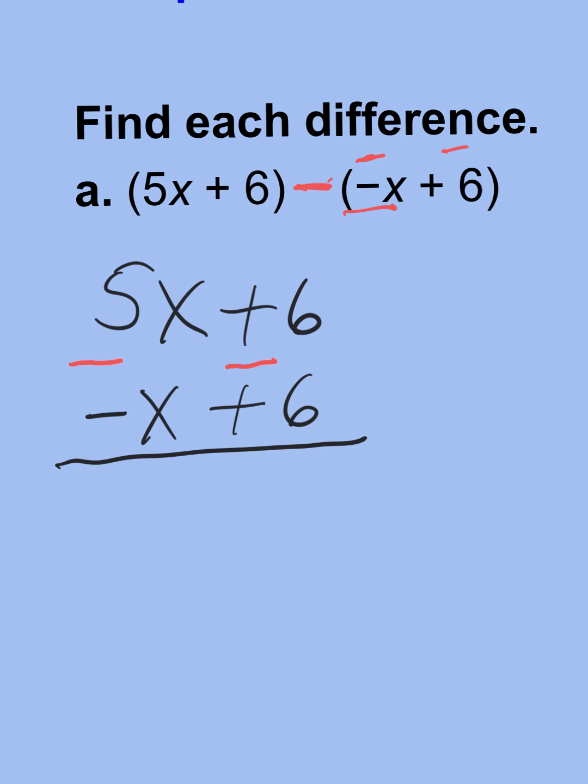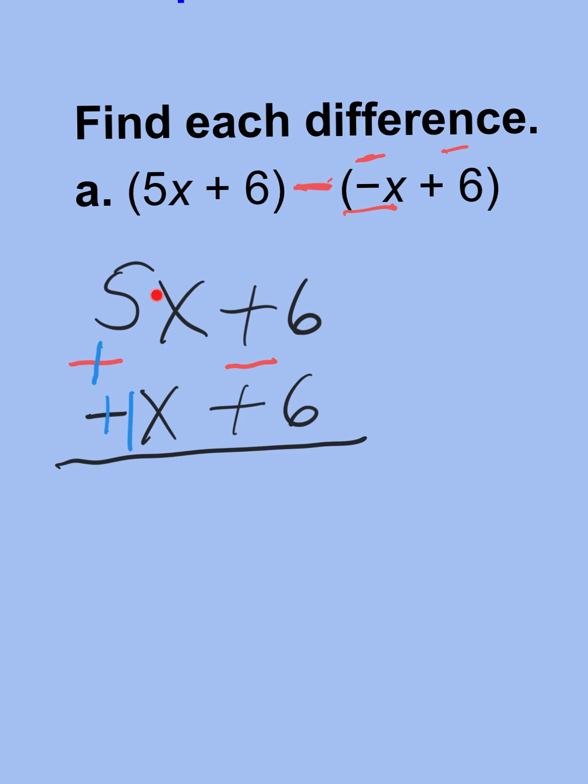All right, here we go. We're doing 5x, and we're minusing a negative 1x. So remember, when we minus a negative, we can add the opposite. We can go keep, change, change. So I can make this plus a positive 1. If I minus a negative 1, it's like saying plus a positive 1.